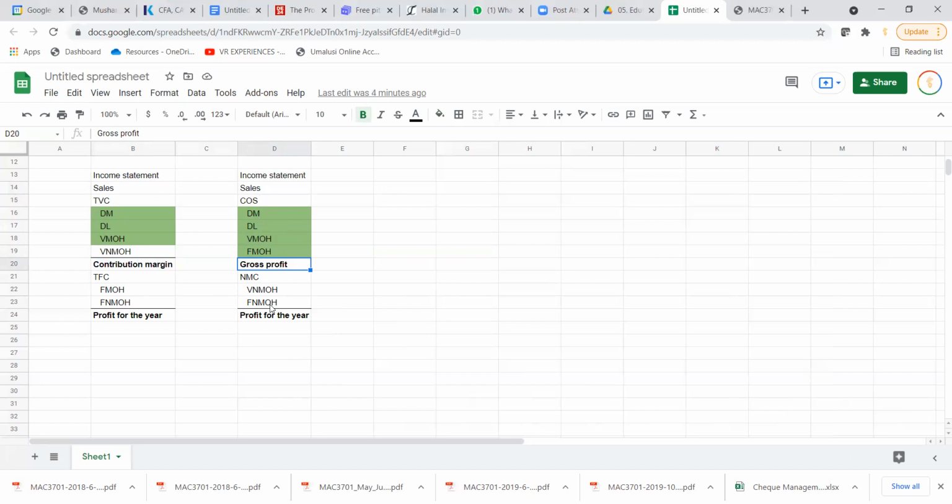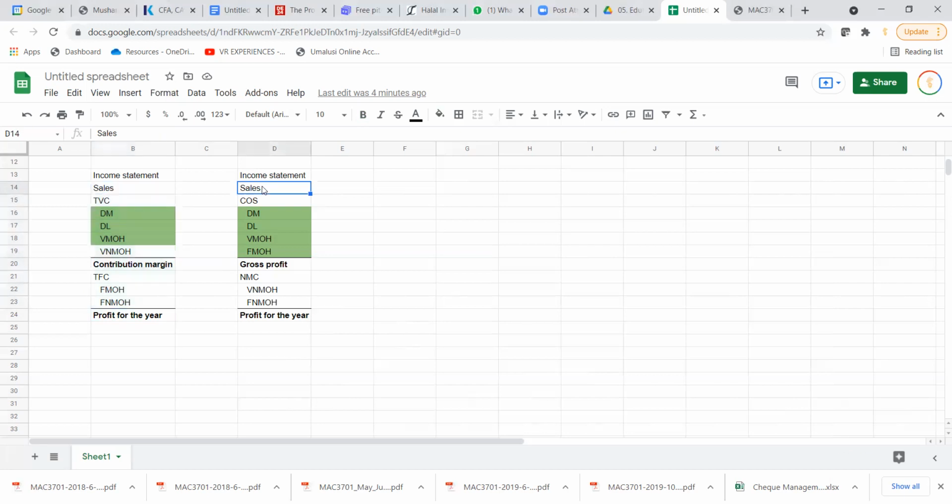My thinking was as follows: sales minus total variable costs equal contribution margin. Contribution margin minus total fixed costs gives me profit. Then I said total variable cost is made up of all of that. What I want to show you is the way of thinking. Don't think from the get-go like that. Do it in piecemeal until you know it automatically.